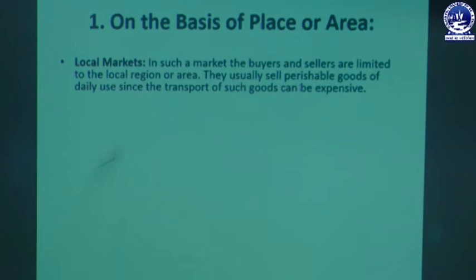Since the transportation of such goods can be expensive, they limit themselves to the locality or the regional area. So they constitute the local market. Examples could be the sales of vegetables, fish, eggs, milk, etc., which are basically perishable goods, and they constitute the local market.